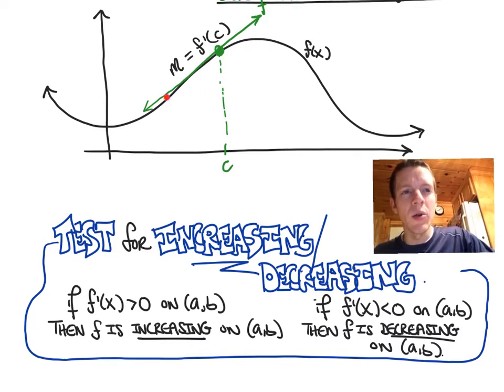Any tangent line you draw here will have a positive slope. So my derivatives are positive, and therefore the graph is increasing, like driving uphill in a car. Likewise, if you have a negative derivative, then your function is decreasing on that interval. This is important. You're going to be asked to find intervals where your function is increasing or decreasing, and we can use the first derivative for that. We've already seen this in some examples in the previous sections.